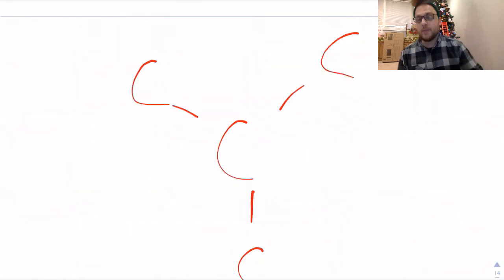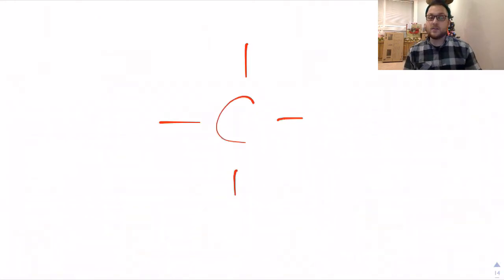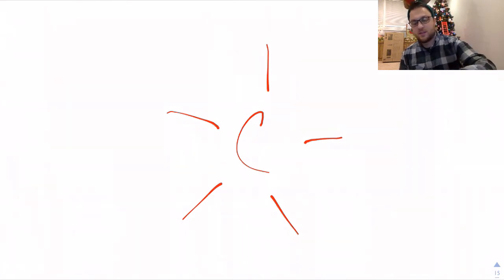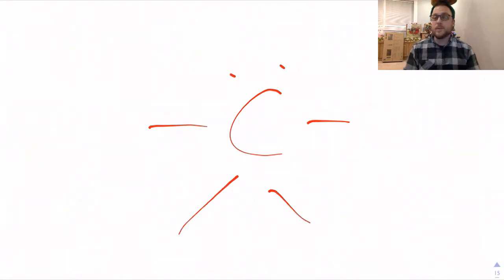Four bonds, tetrahedral. Five bonds, trigonal bipyramid. Four bonds, one lone pair, seesaw. Six bonds, octahedral.